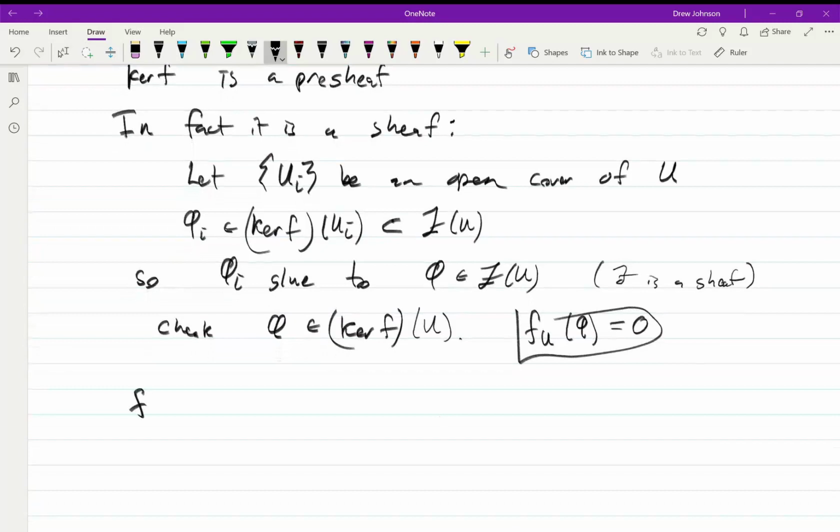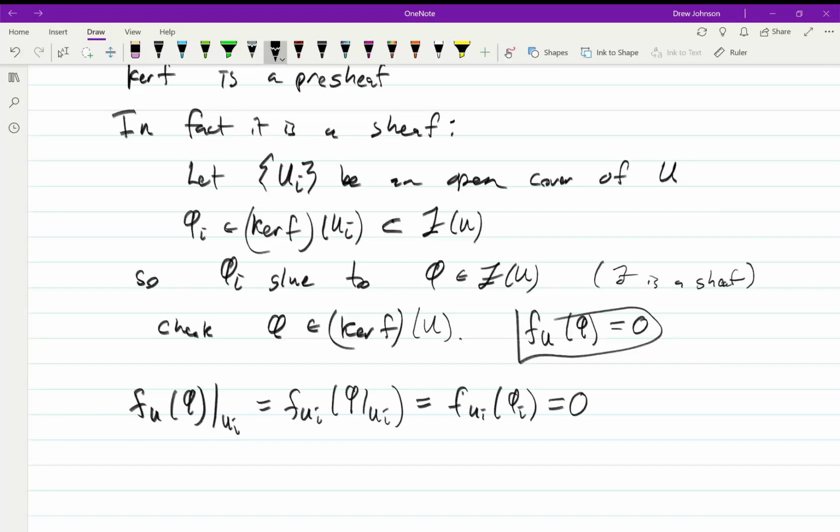We can check this locally. So we'll have f_U of phi restricted to U_i. Well, this is the same as f_{U_i} of phi restricted to U_i, because f is compatible with restrictions, and this is just f_{U_i} of phi_i, and this is 0 by hypothesis because phi_i is in the kernel.